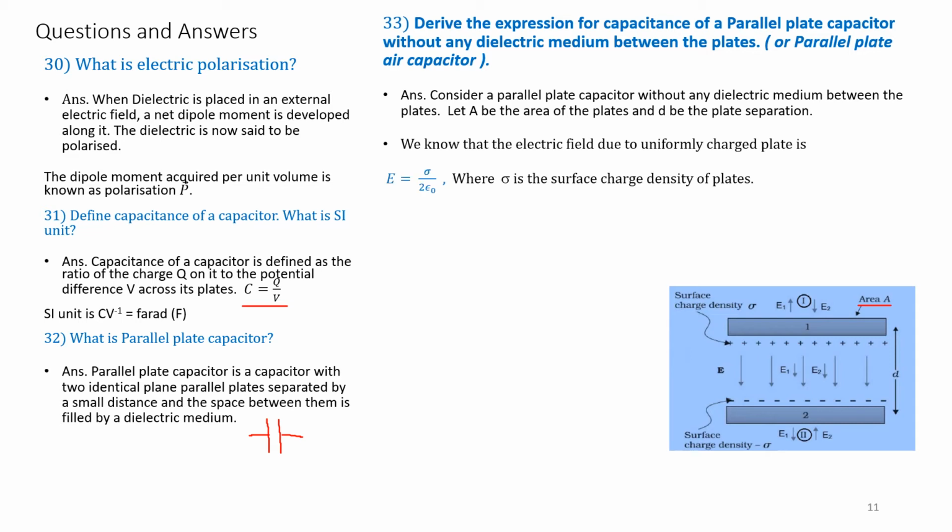We know that the electric field due to a uniformly charged plate is given by E is equal to sigma by 2 epsilon naught, where sigma is the surface charge density of the plates.